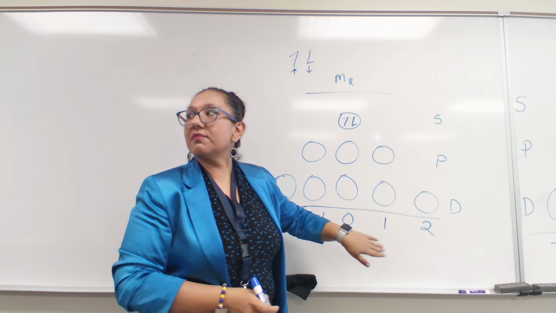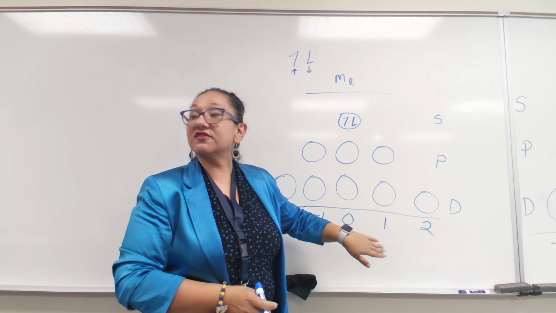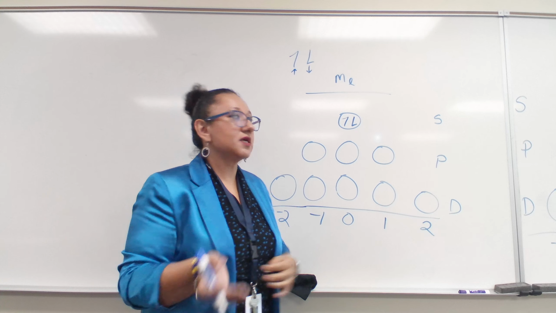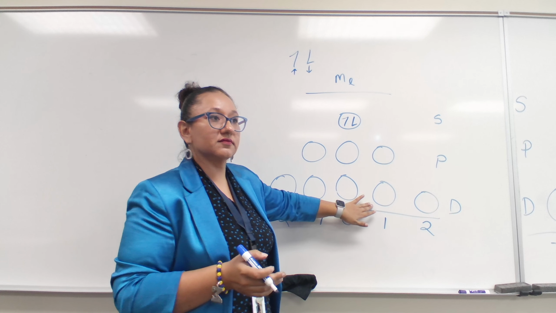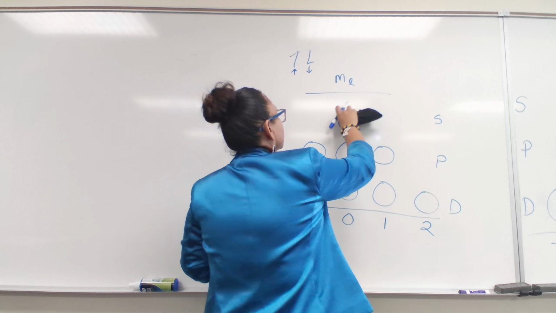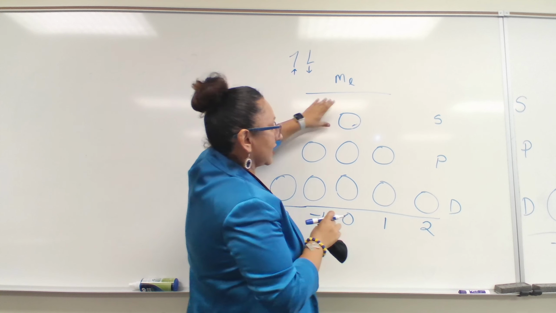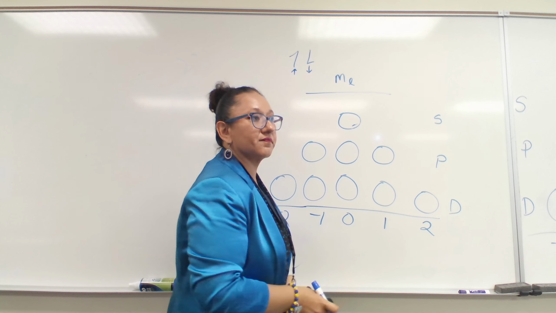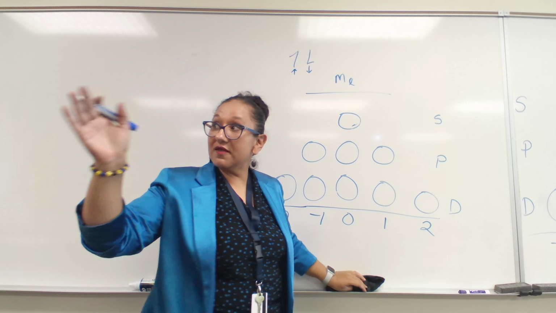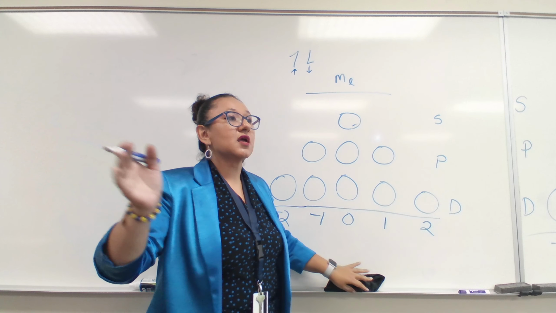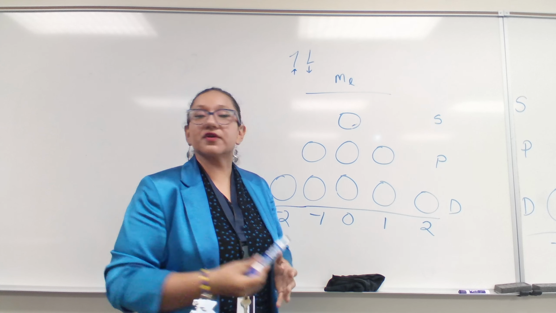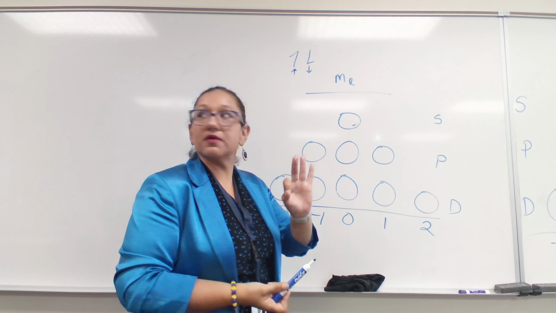Now let's do one that's complicated. Let's do phosphorus. Is phosphorus in an S, P, or D? Phosphorus. P. Okay. So I'm going to ignore S and D. I'm just looking at P. Counting from left to right in the 3P, how many electrons into the P is phosphorus? 3.